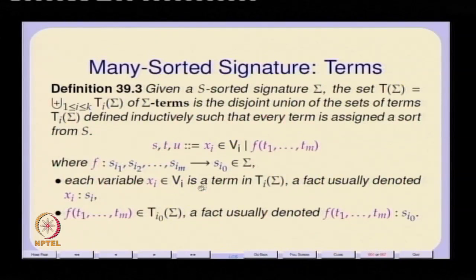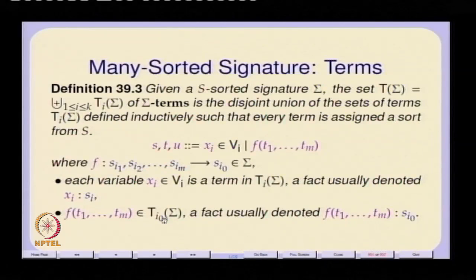Each variable xi is a term in Ti sigma, a fact usually denoted by this. So this is like our type declarations in programming languages, and in the case of f T1 to Tm, it belongs to the sort Si0. So therefore it belongs to the set of terms Ti0 of sigma.